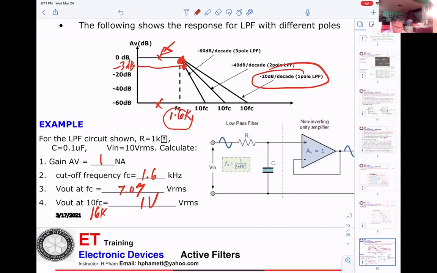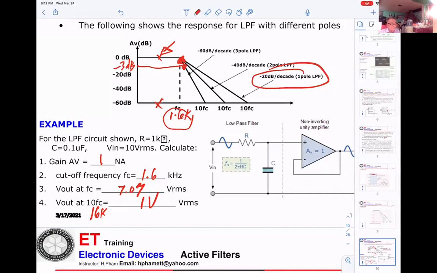The thing is, when you get your assignment for the filter, that will be verified for you, for my understanding. And another question: what about at 100 times FC?